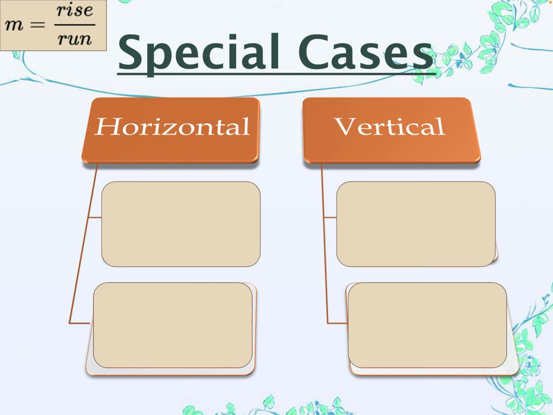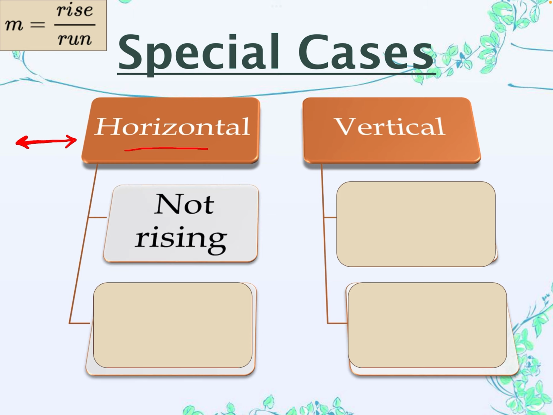Then we have special cases. If we have a horizontal line, remember horizontal, I think of the horizon. The sun sets over the horizon. The horizon is a flat line. There we go. So that would be a horizontal line. So it's not rising, it's flat, and it can be represented by the slope of 0 over some number.